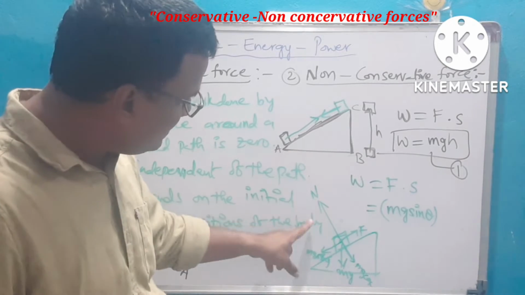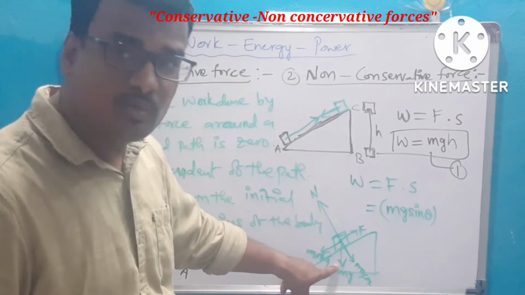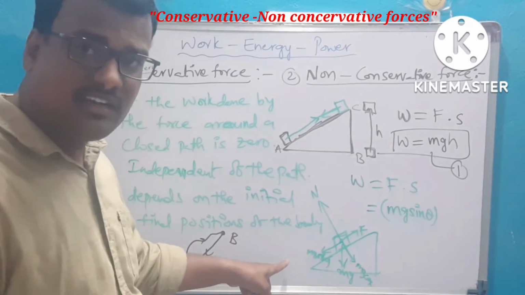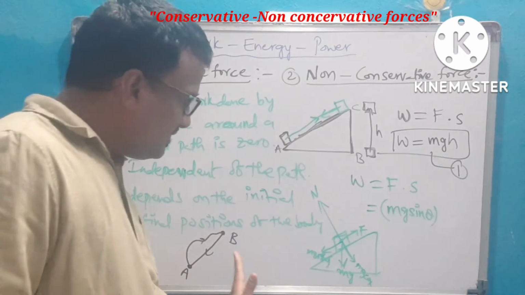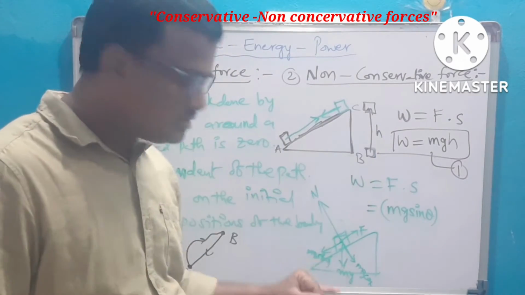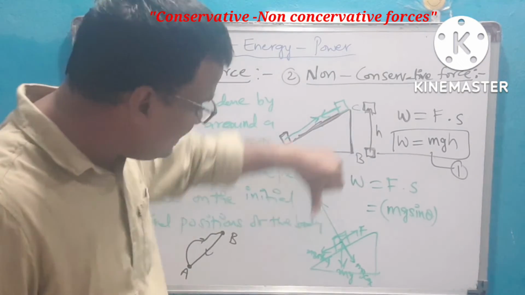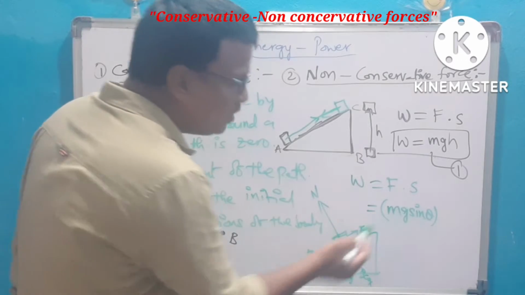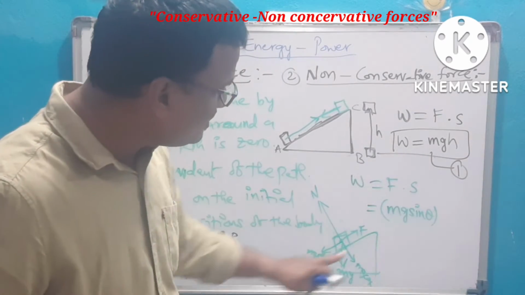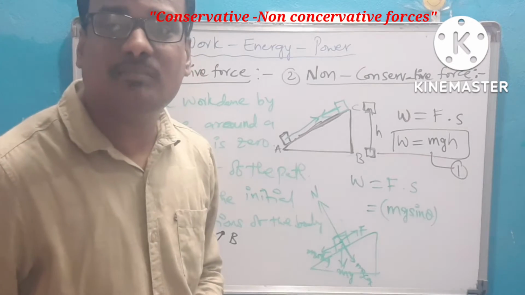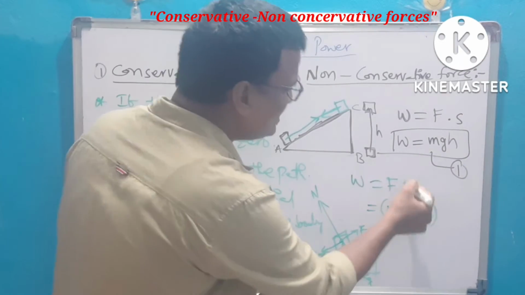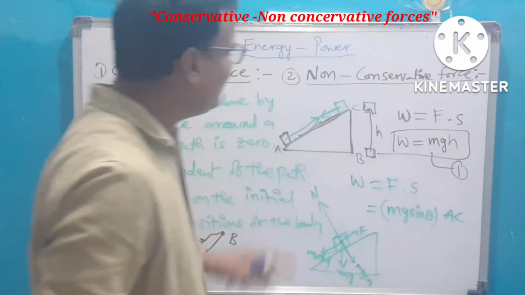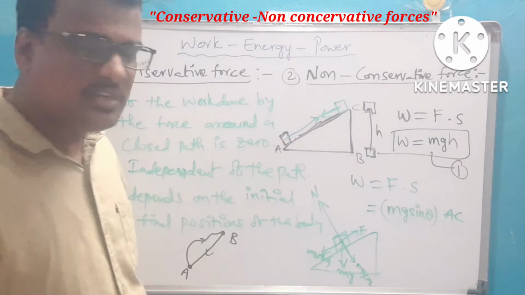The resultant force mg can be divided into mg cos theta and mg sin theta. Since we lift the body upward, mg sin theta acts opposite to the direction of motion. So the force is F equals mg sin theta, and the displacement is AC, from A to C.